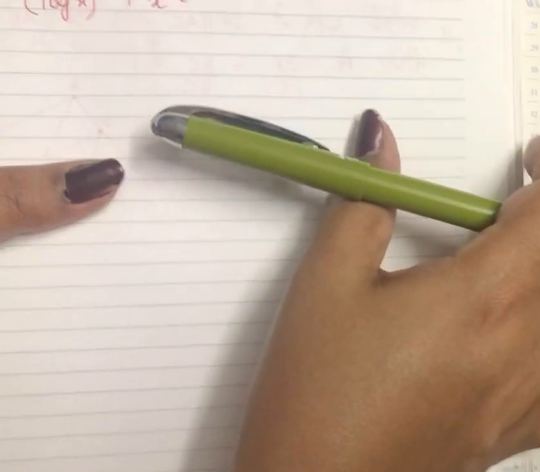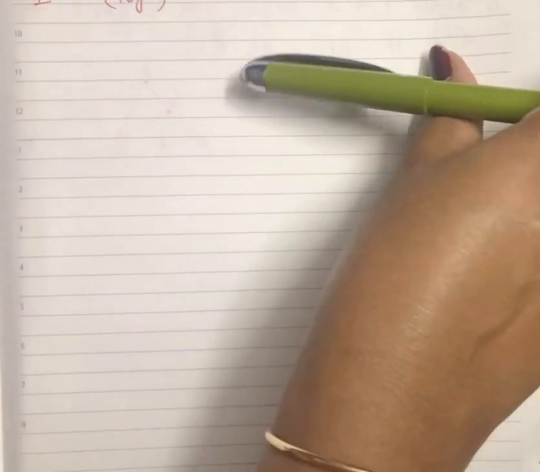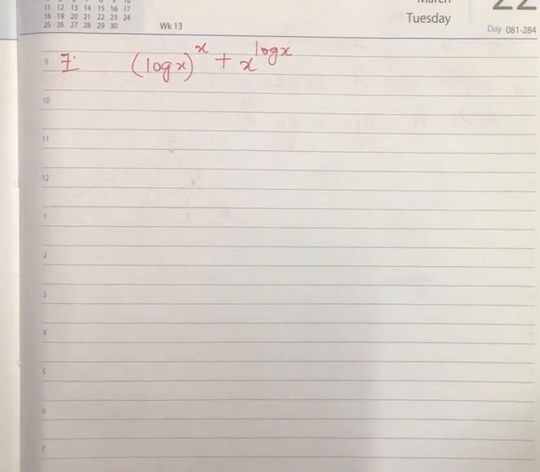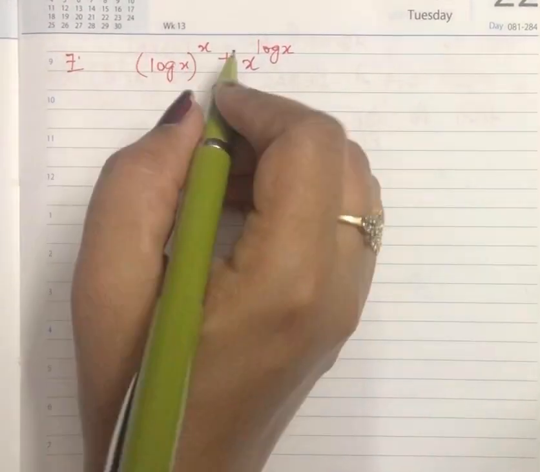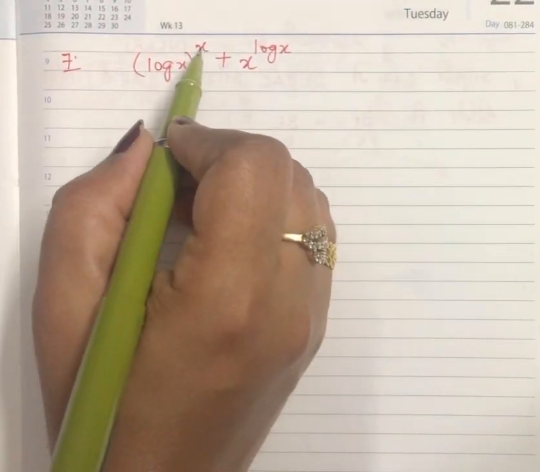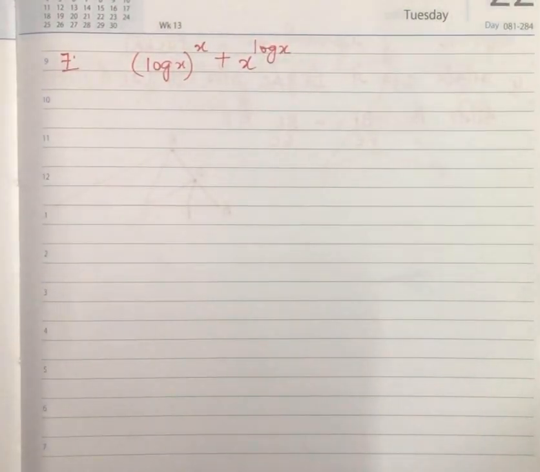Now look at question number 7. In question number 7, the function is, again we are given two functions in addition, log x to the power x plus x to the power log x.